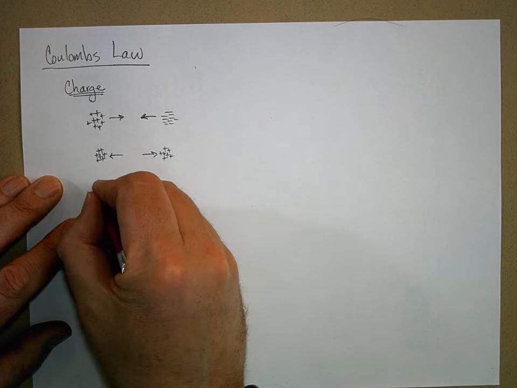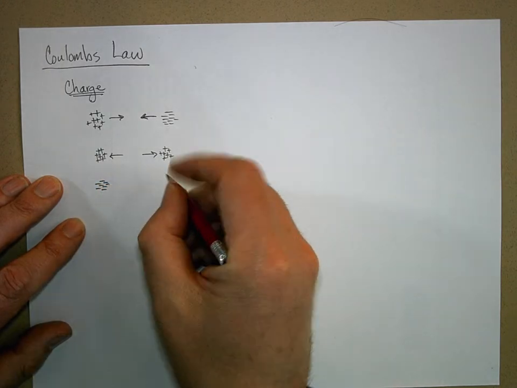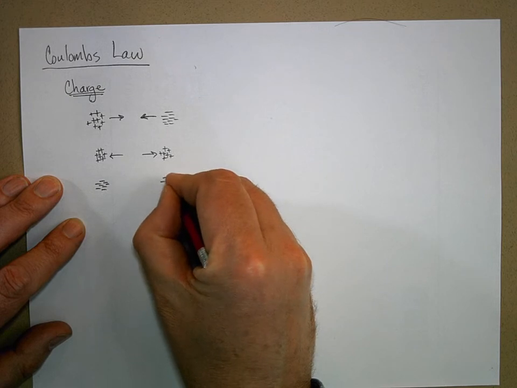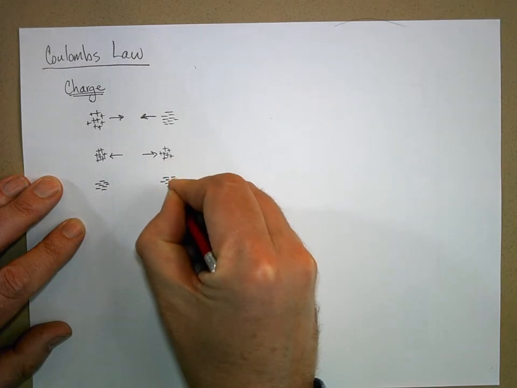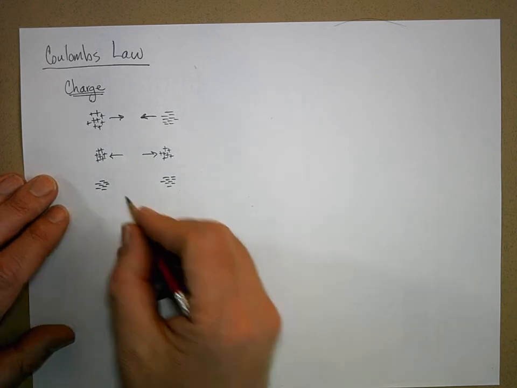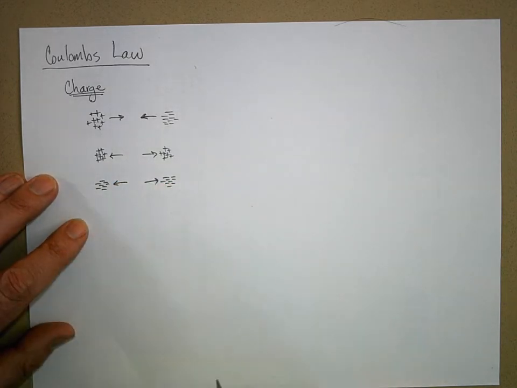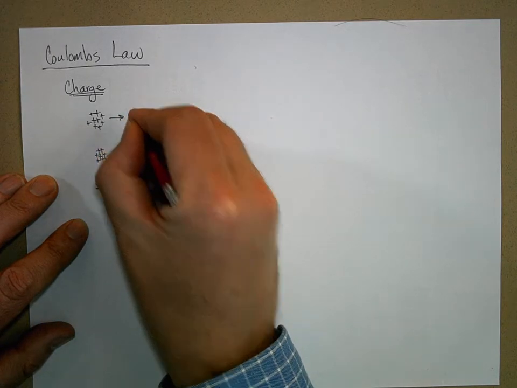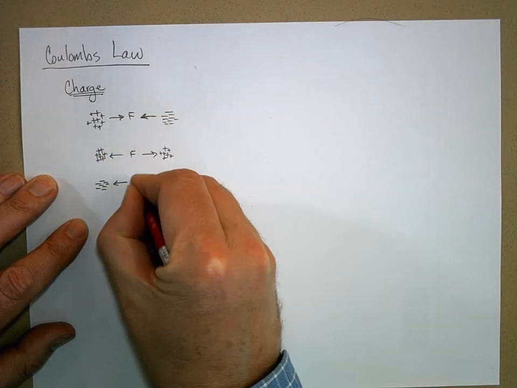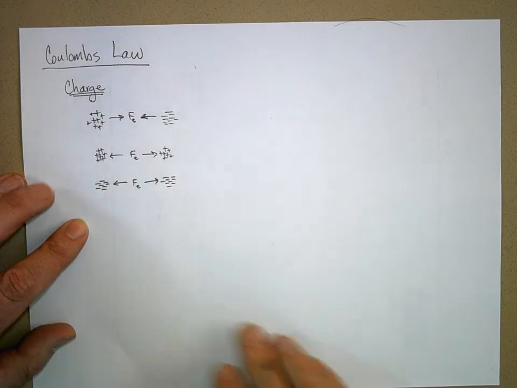And if I had negative charge and negative charge over here, what Ben Franklin thought was a lack of electrical fluid, they would push each other away as well. And these represent forces, electrical forces. I'll call it F sub E for electrical force.